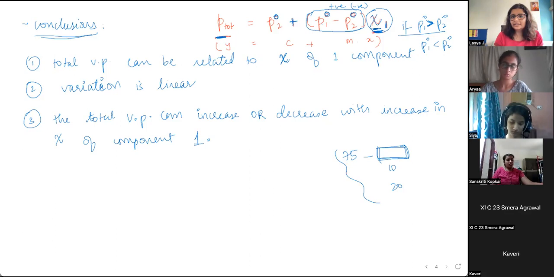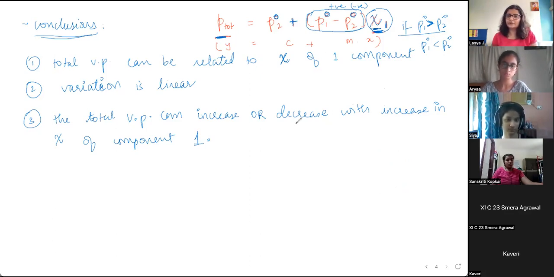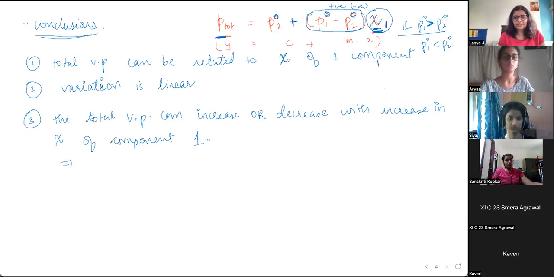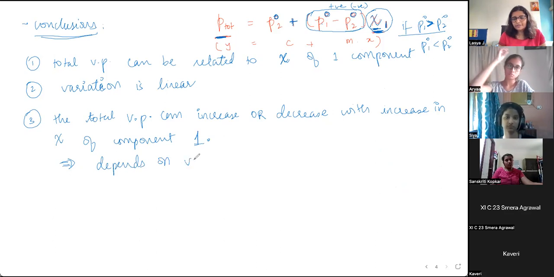So basically, whether this relation is direct or inverse, total vapor pressure increase होगा कि decrease होगा, if I keep increasing one of the components, that depends on the individual vapor pressures के साथ. So it can increase or decrease. The main dependency is it depends on the vapor pressure of pure components 1 and 2.